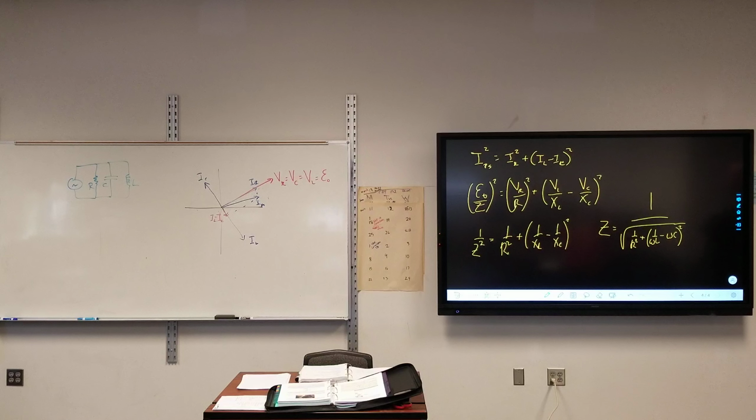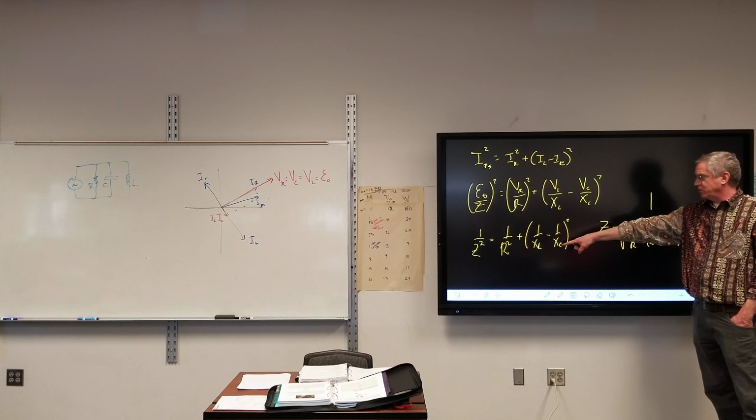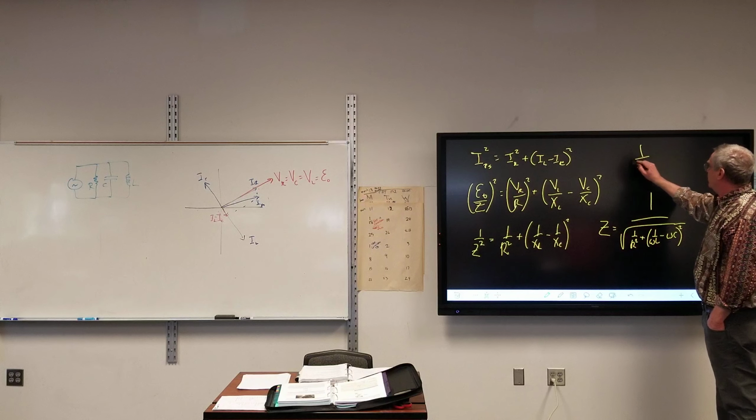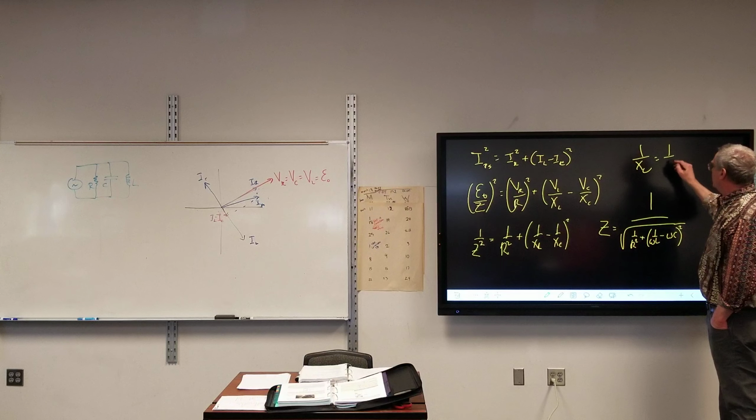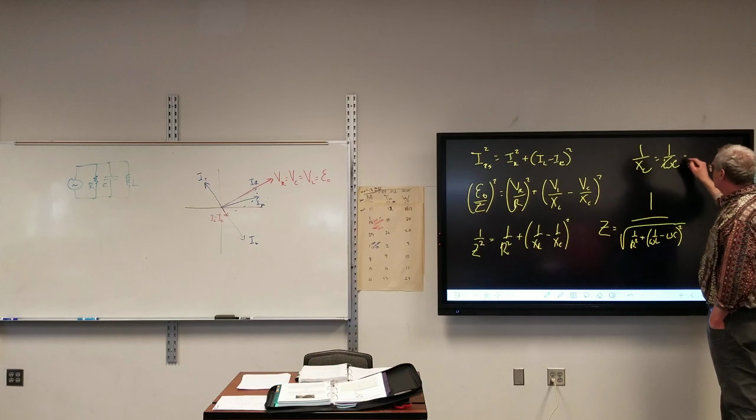Now I'm confused. I thought we put omega L in the, so now why is omega C without the 1 over? Because I got 1 over X sub C here, and so I'm taking the reciprocal of X. So 1 over X sub C is 1 over 1 over omega C, which is omega C. Oh, okay.